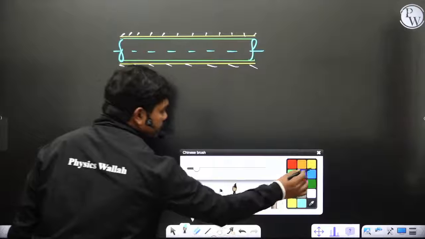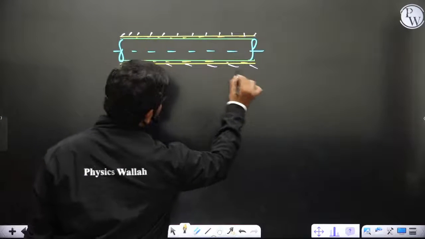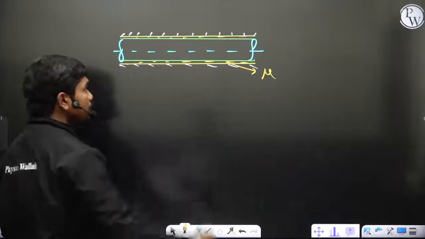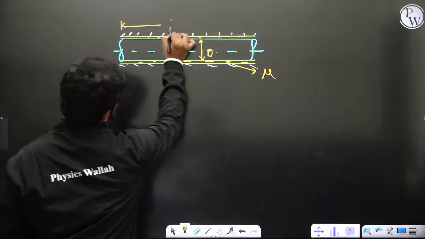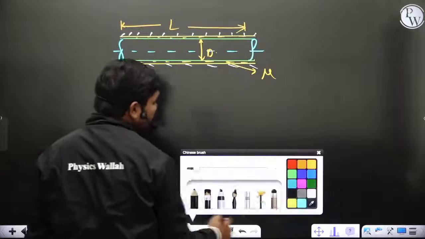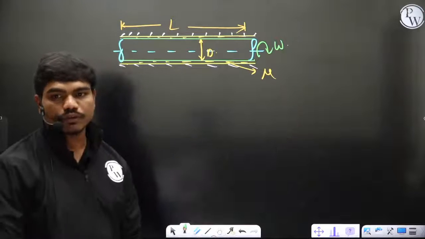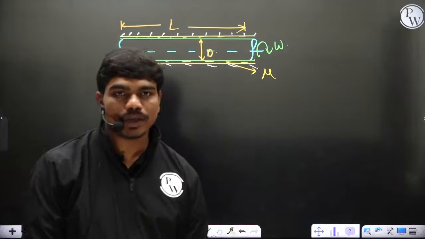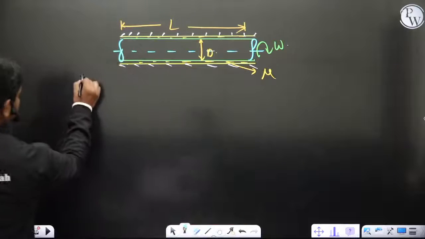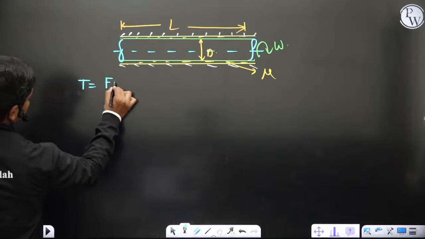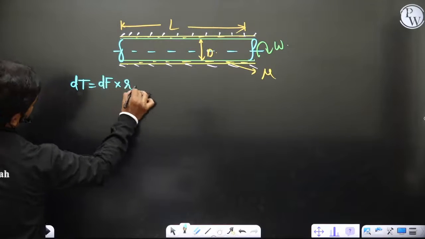Now you can see if there is some viscous oil which is present here, of dynamic viscosity mu. This is a diameter d and this is a length L. Now let us suppose instead of pulling, you want to rotate this shaft at some angular velocity omega. If you want to rotate this at angular velocity omega, then clearly you know torque is equal to force into radius. Okay, so let us say dT is equal to dF into R, for example.